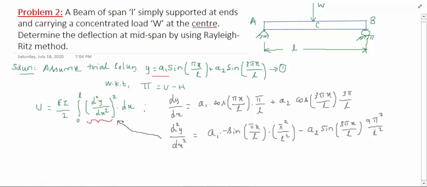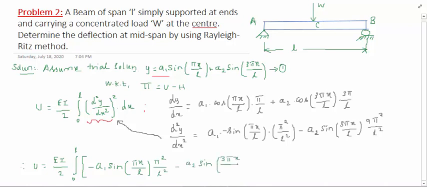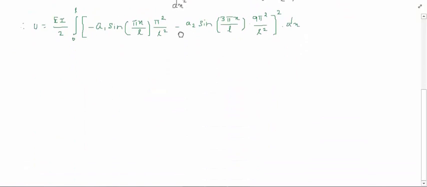Now we have to substitute this d²y/dx² into the strain energy equation. We get U equals EI/2 times the integral from 0 to L, with the whole term substituted in the strain energy formula. Next we take the negative sign outside.